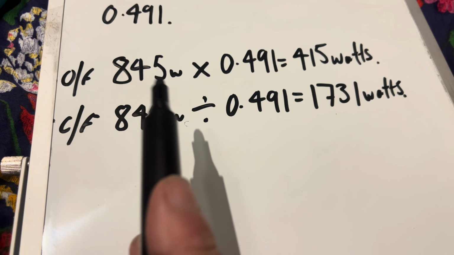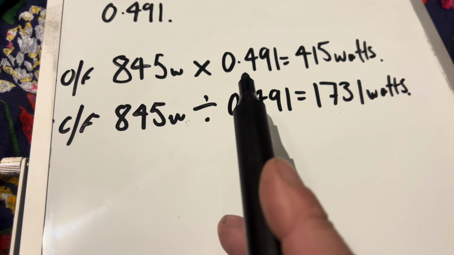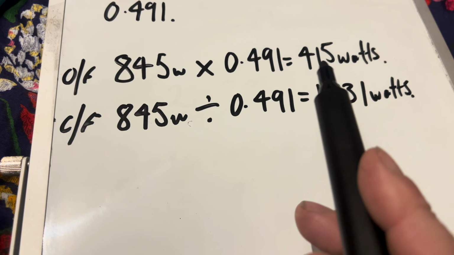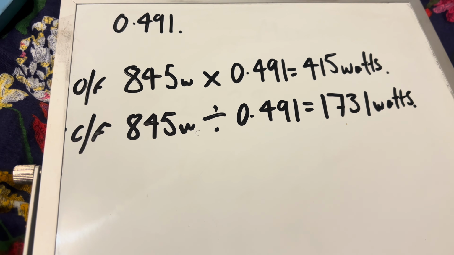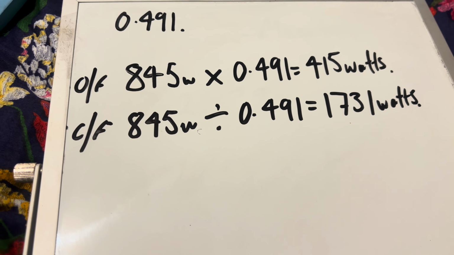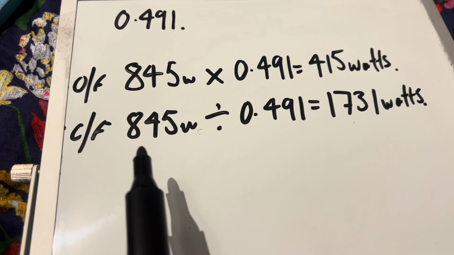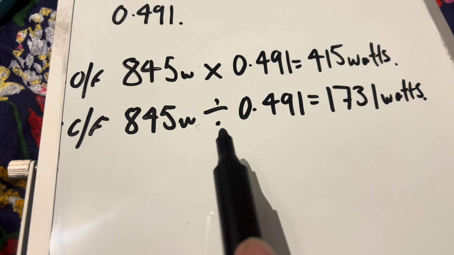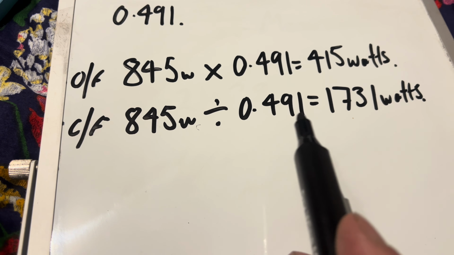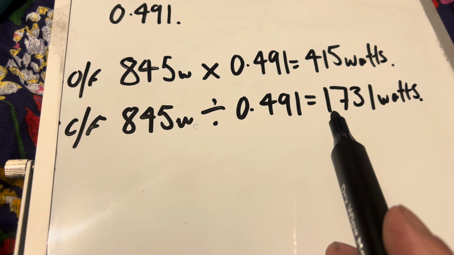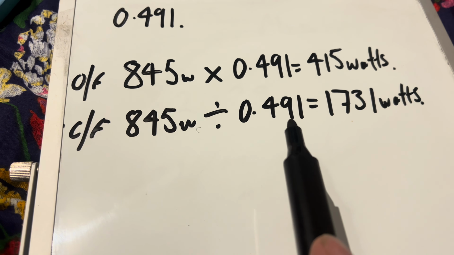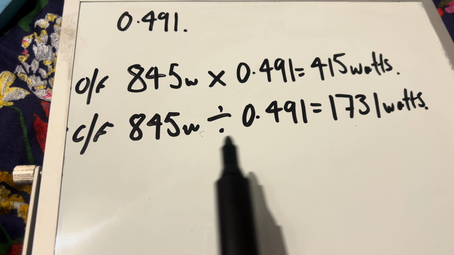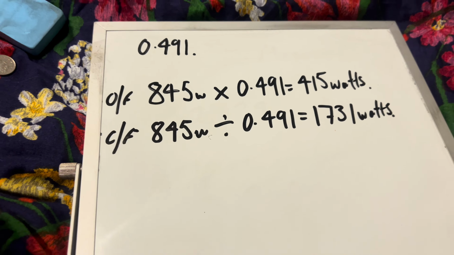So 845 watts times 0.491 will only give 415 watts, which makes sense, doesn't it? It's half. The correction factor, 845 watts, divided by 0.491 will give us 1731 watts. So theoretically speaking, we've got to practically double the radiator.